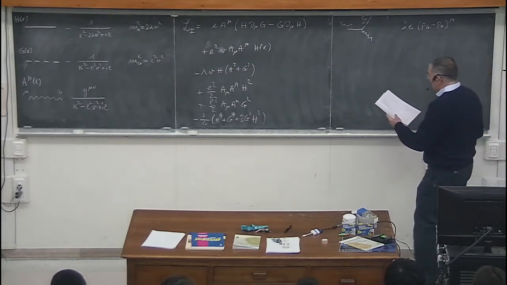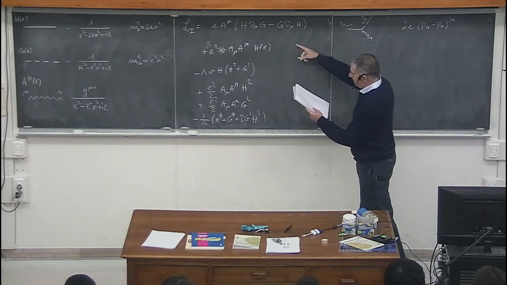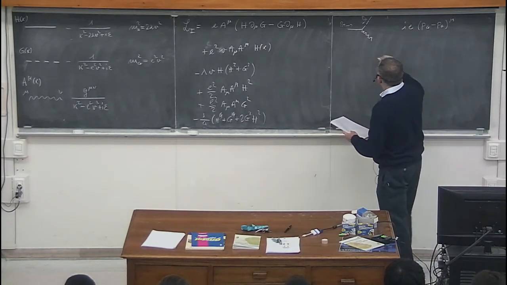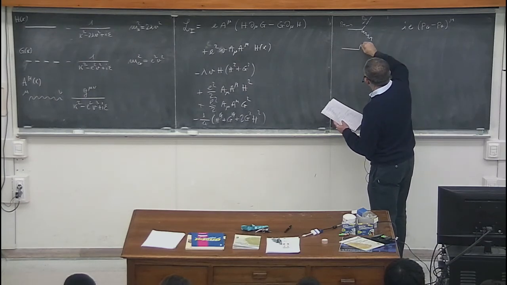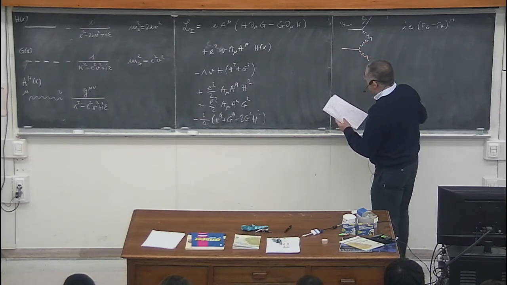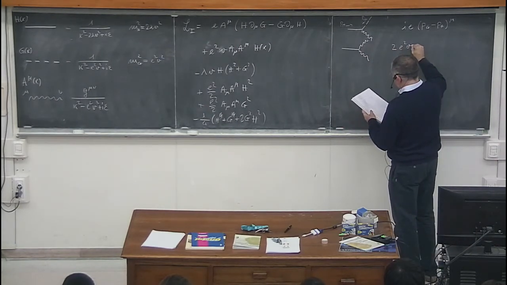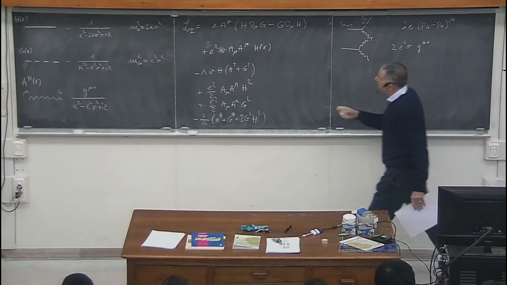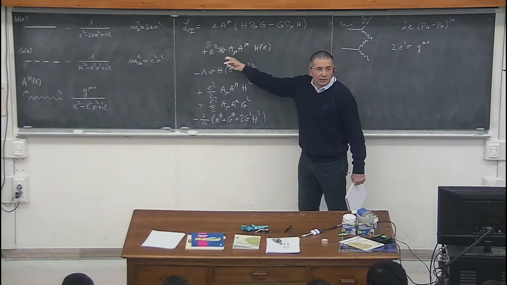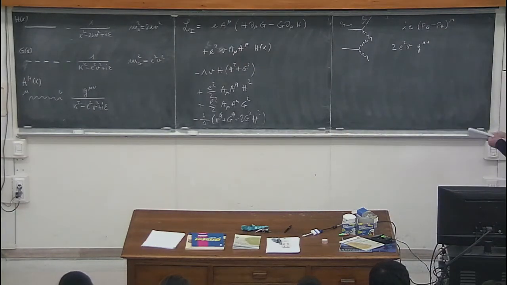It's very easy. So let me just write them down. This term here is a solid line with two vector lines, and the corresponding Feynman rule is 2 e square V times g mu nu. G mu nu is because the two polarization vectors of A mu are saturated with each other.